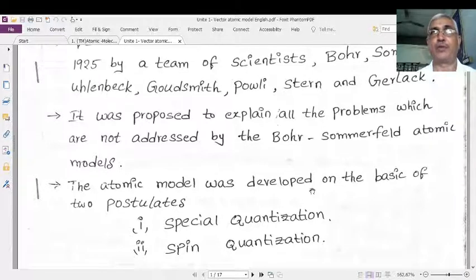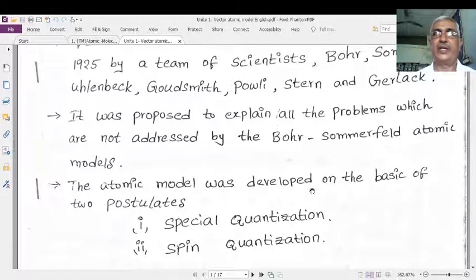They also proposed that while the electron is rotating around the nucleus in the orbits, it also rotates around its own axis. That is, it has self-rotation. That is what is known as the spin motion. They also said that electrons have certain spin orbits only.